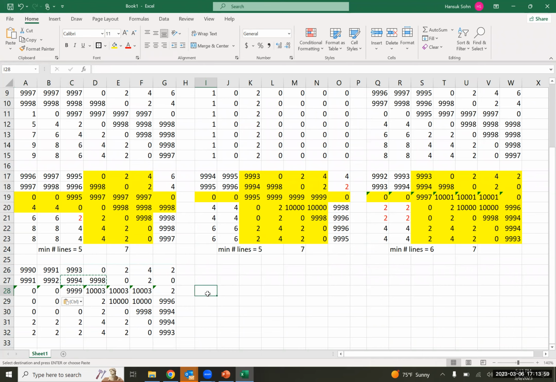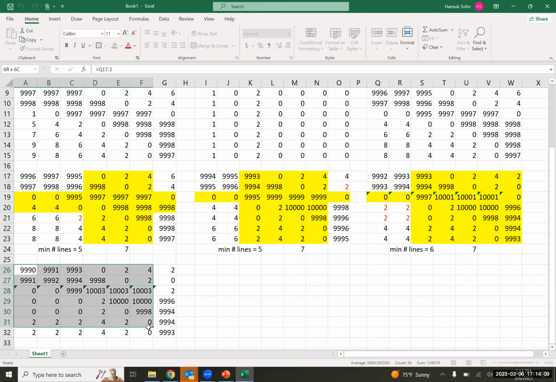Okay. Now, again, we need to identify the minimum number of lines required to cover every zero in this reduced cost matrix. So how many lines do we need? 6 lines or 7 lines? Let's find out. So I'm going to draw this because there are 4 zeros, right?